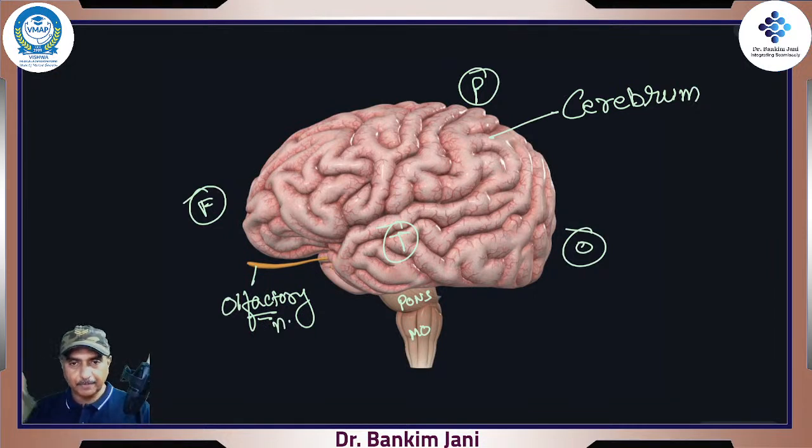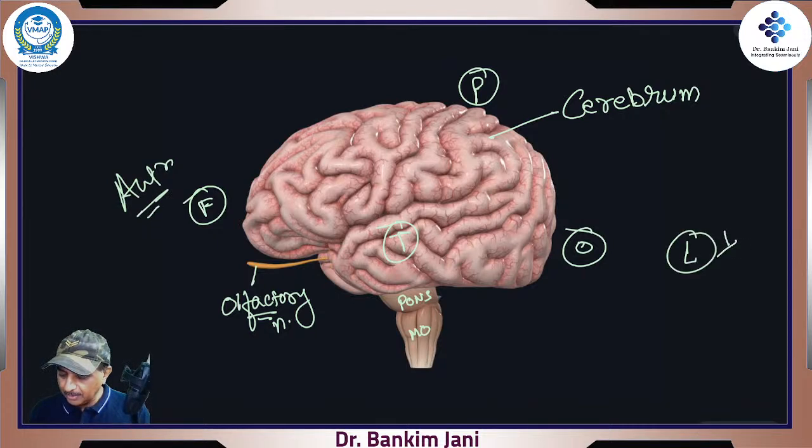What we do is just remove the left half of the cerebrum. So if you see, this is the cerebrum. We are watching from the side. This is anterior, so you are watching the left side. Only the left half of the cerebrum. We are not removing any other structure.